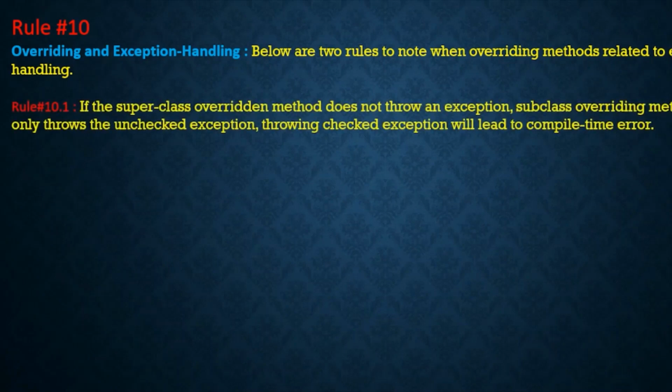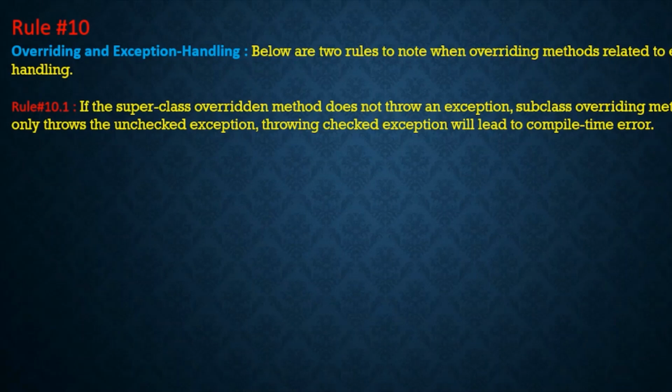There are two rules. If the superclass overridden method does not throw an exception, the subclass overriding method can only throw an unchecked exception. I do not need to explain what is an unchecked exception or a checked exception, and the hierarchy; I am assuming everybody has the exception hierarchy knowledge.